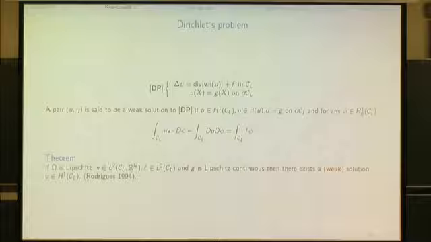And here's the weak formulation of this equation. Rodrigues, I guess, was the first to give a fairly general existence result for these problems. He assumed that omega, the base domain, is Lipschitz, v is L2, your source is also L2, and G is Lipschitz continuous. Then there exists a weak solution to this problem.